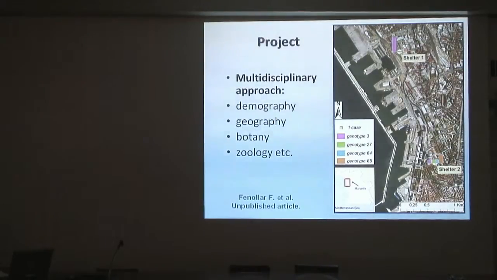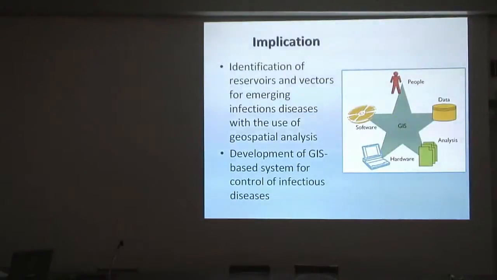This is Marseille. It's an area of report and other data from an unpublished article of Dr. Séminaire. So I'm going to collaborate with other researchers in the study of using GIS in epidemiology of emerging diseases.